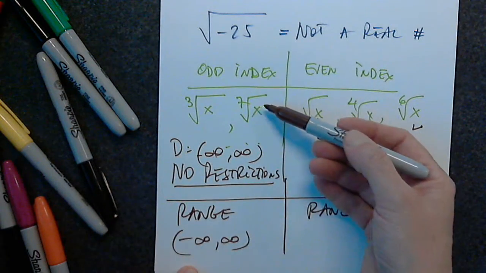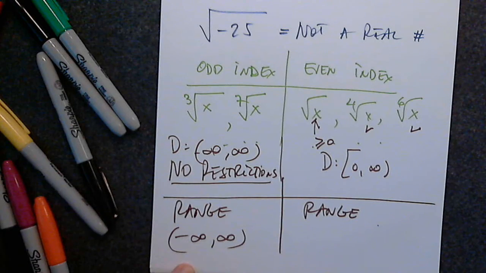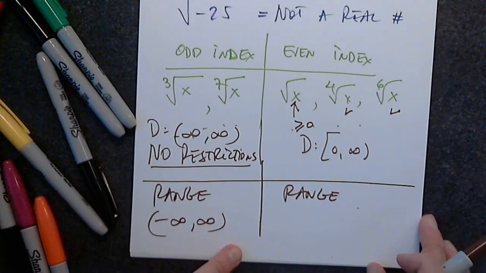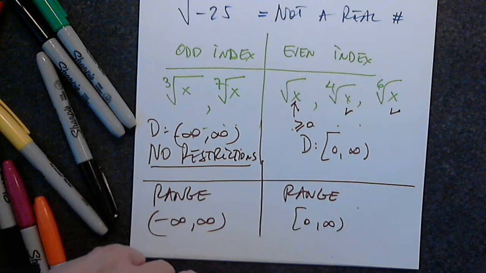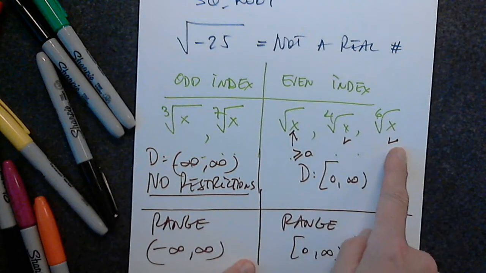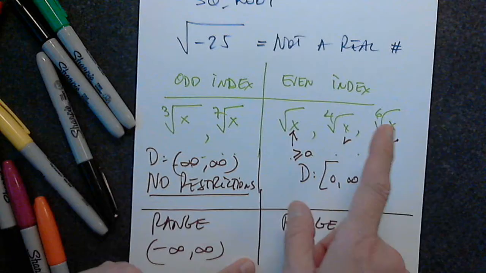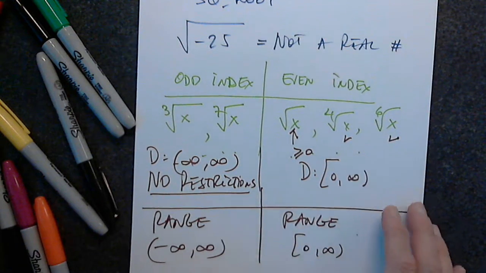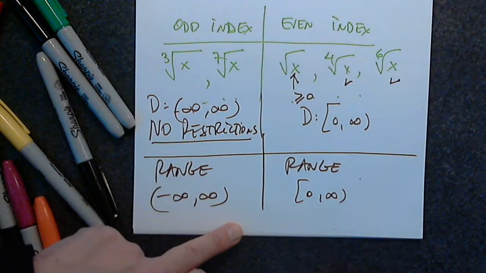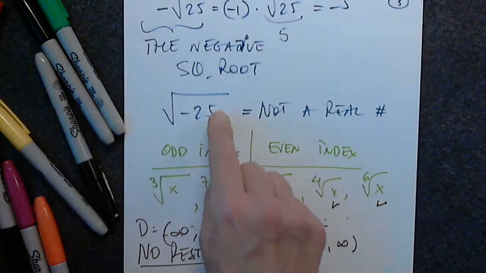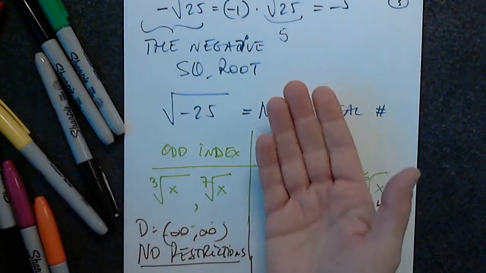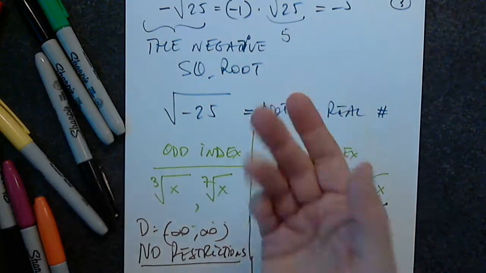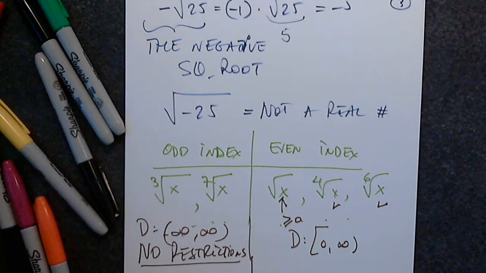When you apply the 7th root to anything, you can get any real number, but not here. Here also the range is 0 to infinity. For a function like this, the square root of x, the 4th root of x, the 6th root of x, the 10th root of x, the domain and the range are positive, meaning not only that this quantity has to be positive or 0, but the result, the answer outside, also has to be positive or 0.